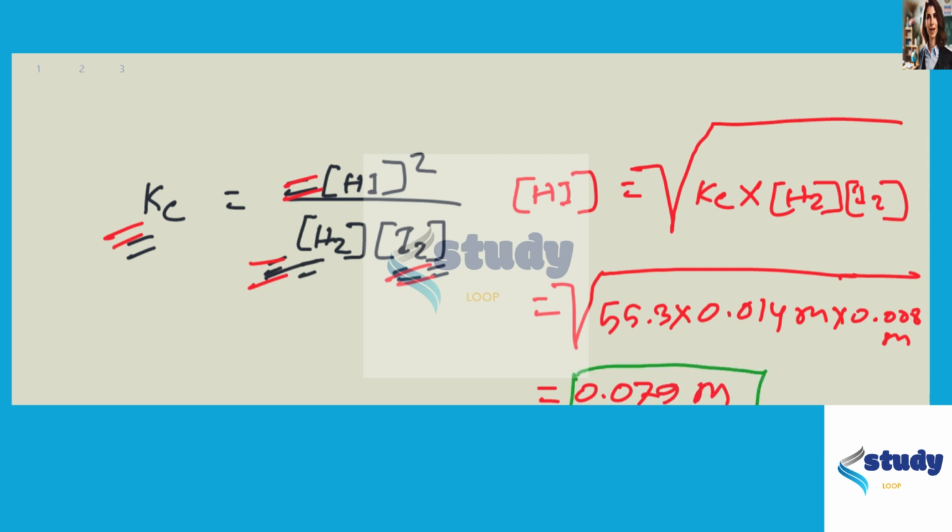So this is the equilibrium concentration of hydrogen iodide.